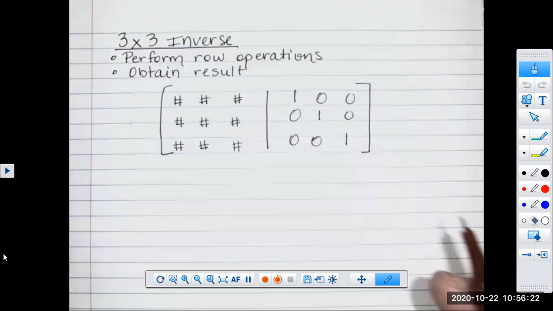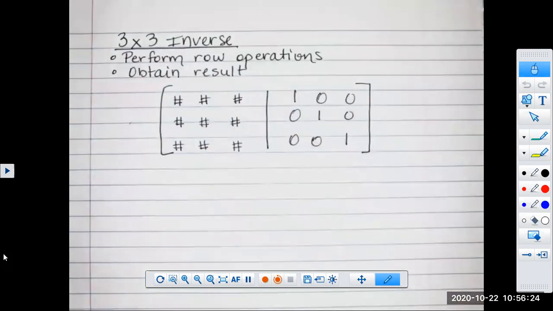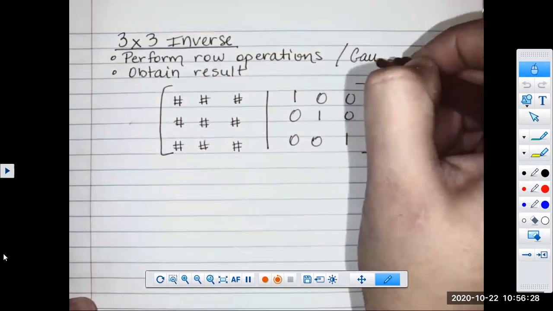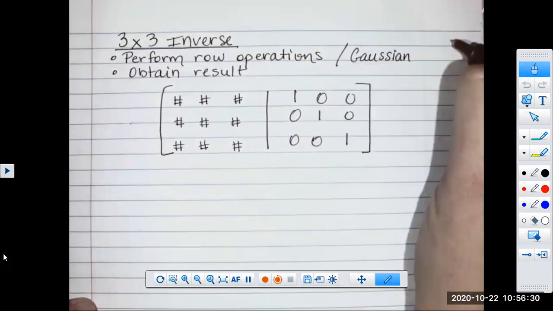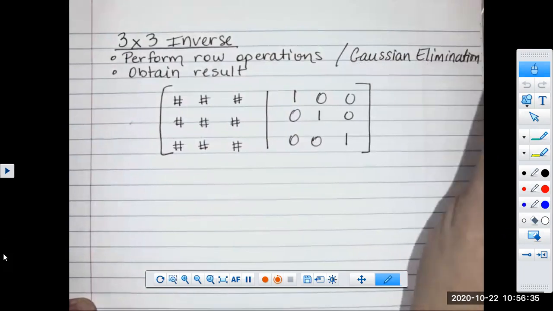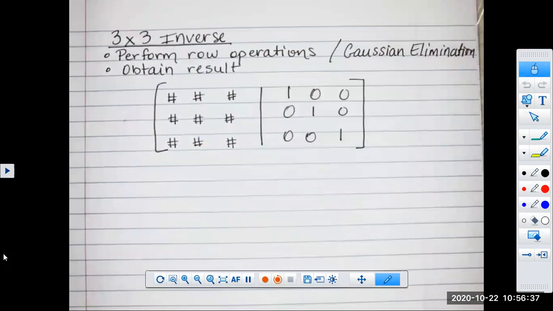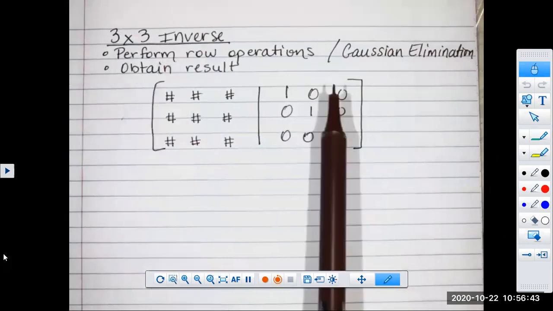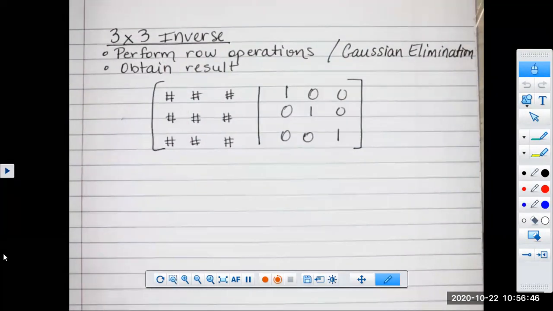Okay, so this goes back to the Gaussian elimination that I showed you guys in 8.1. You're going to have a 3x3 matrix, and we're going to perform row operations just like we did in 8.1: multiply a row by something, add it to another row, switch rows, add or subtract rows from one another.